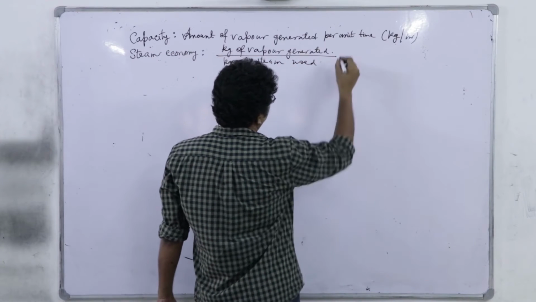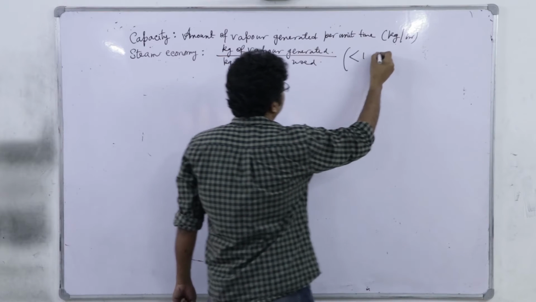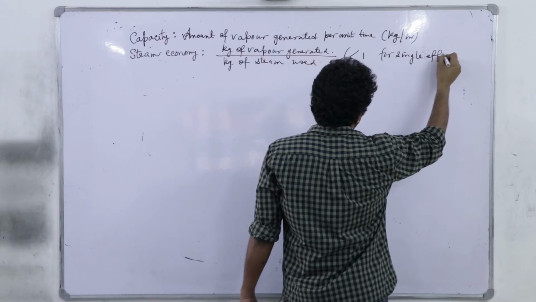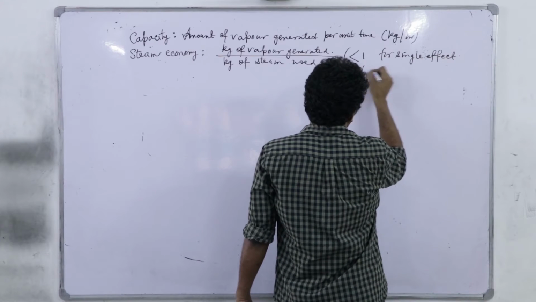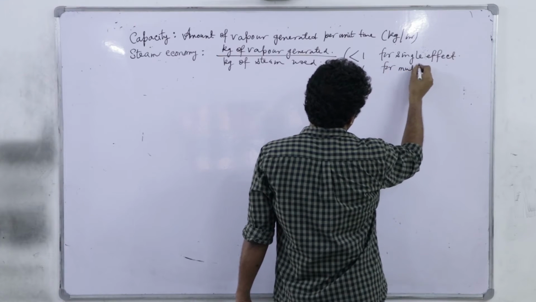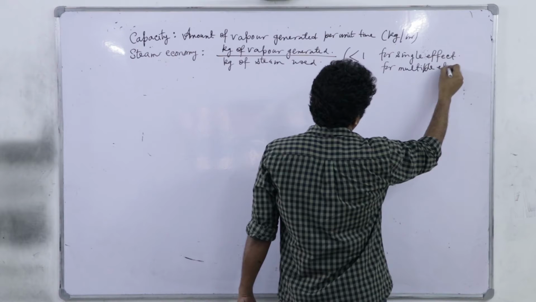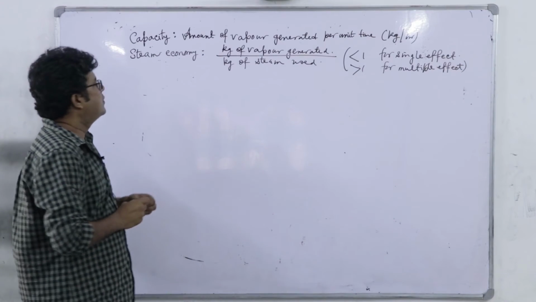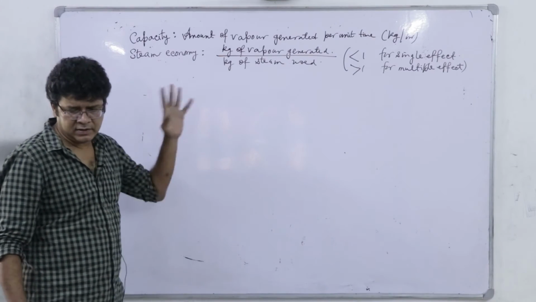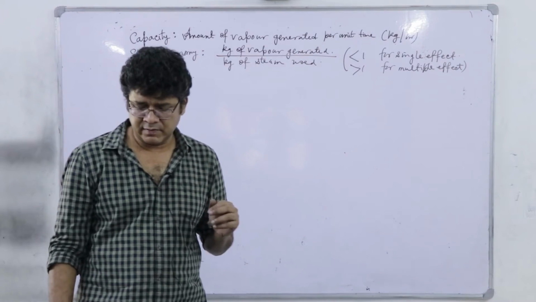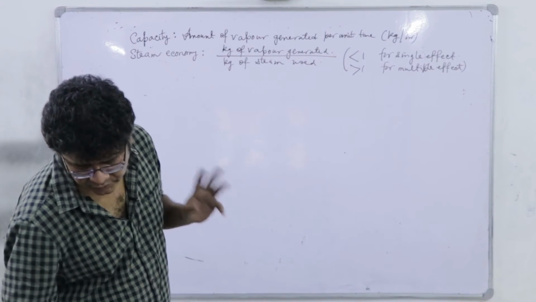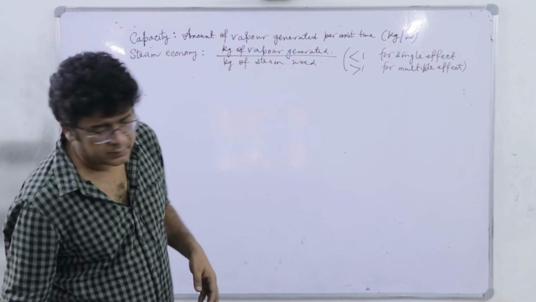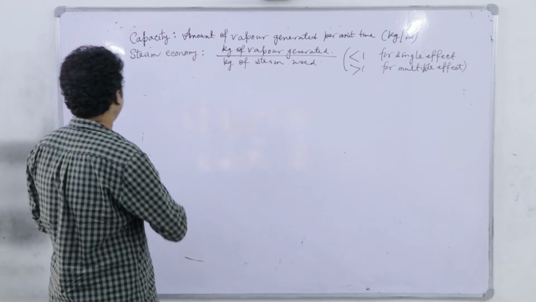That is called economy, which is less than 1 for single effect and greater than 1 for multiple effect. Right. So, capacity and steam economy, these are very important ideas related to the evaporator. The steam economy is somewhat related to the efficiency of this evaporator, right. So, next one is boiling point elevation or boiling point rise.